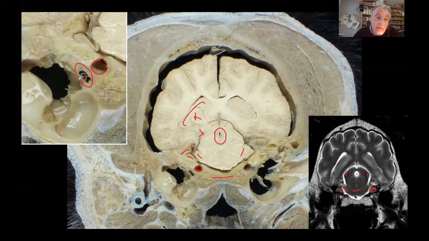And as you see, it's very close to the middle ear, but separated by bone, right? What else do we have here? Again, the middle cerebellar peduncle or brachium pontis and the trigeminal nerve. Here is the crista petrosa.